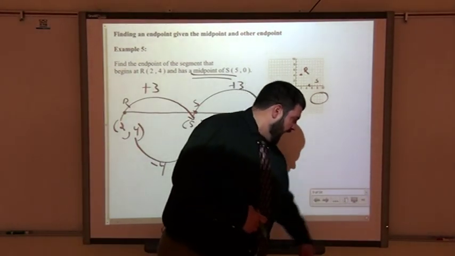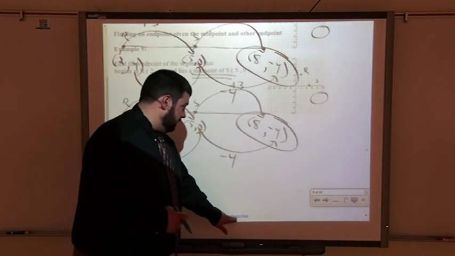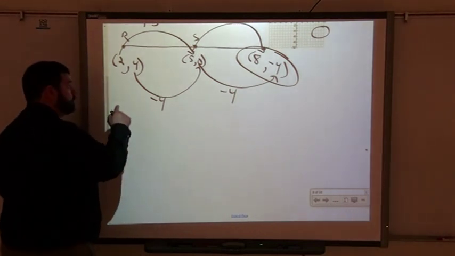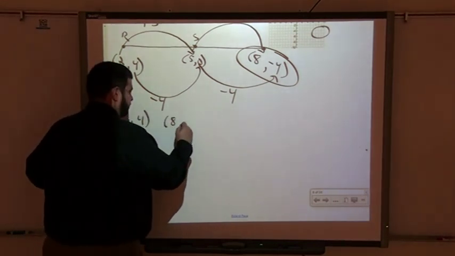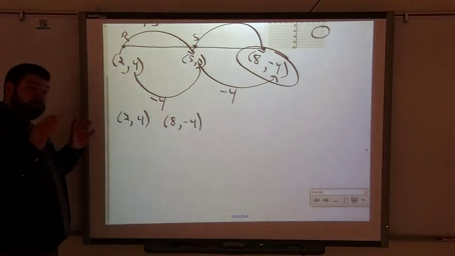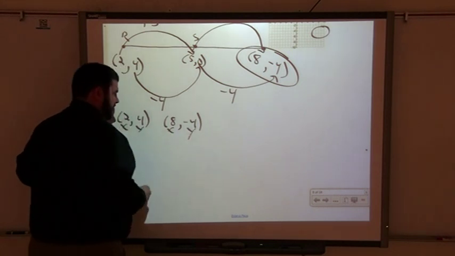Now, I can check my work by using the midpoint formula, using my endpoints to see what the midpoint of those two points is going to be. This is an x and a y, this is an x and a y.